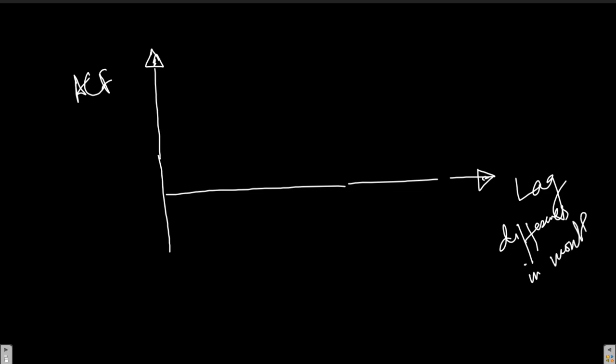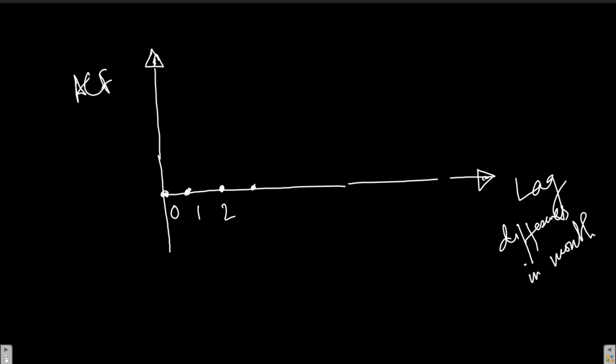So here, if I measure Jan and Jan, there is no difference. If I measure Jan and Feb, there is a one difference, so lag is 1. If there is a difference between Jan and March, the difference is 2 months, so lag is 2.